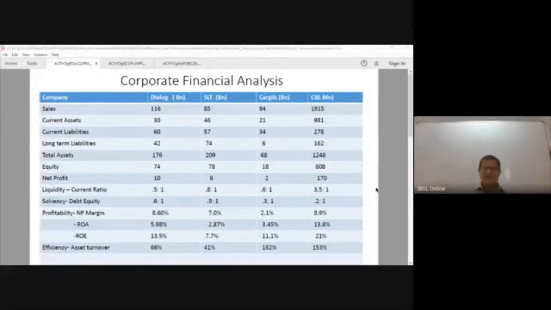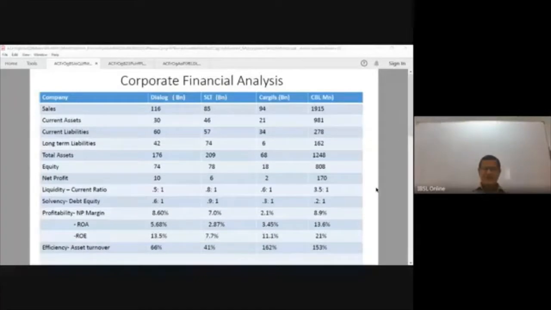So you can see debt equity we generally calculate by looking at the long-term debt against the equity. Now Dialog, they have borrowed 42 billion on a longer term, compared to what their shareholders have contributed or retained from profits, and now equity is worth 74 billion.